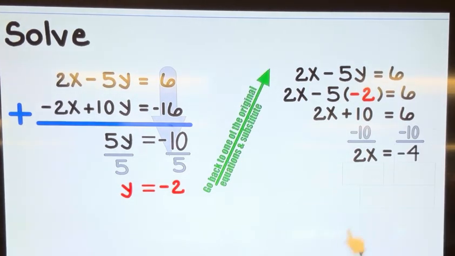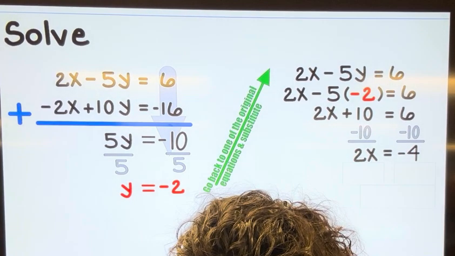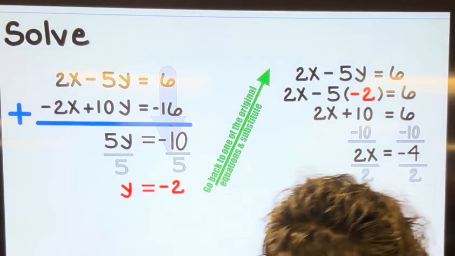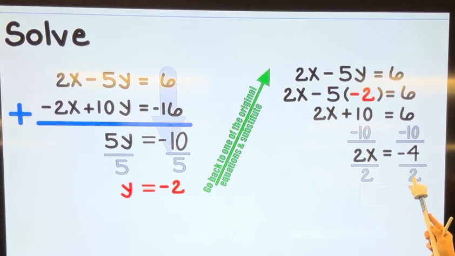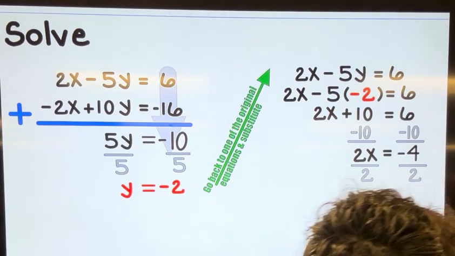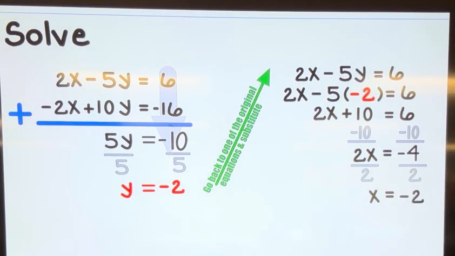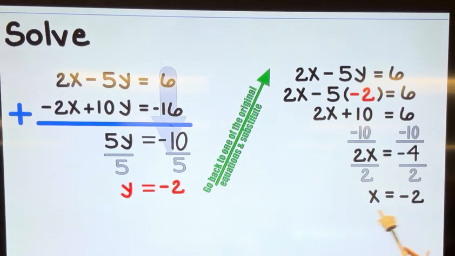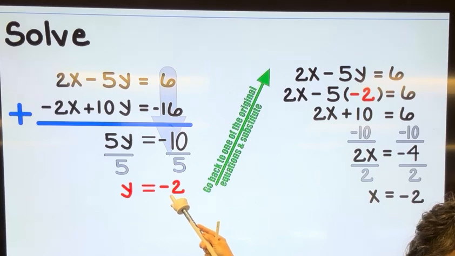And then finally, to get x by itself, I want to get rid of multiply by 2. So I'm going to divide by 2. Negative 4 divided by positive 2 is negative 2. So my solution is x is negative 2 and y is negative 2.